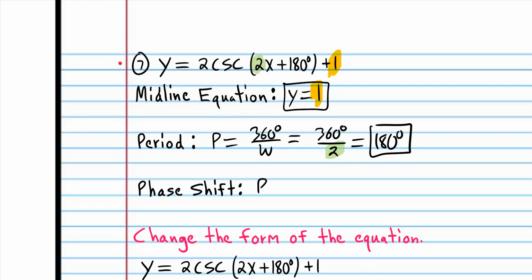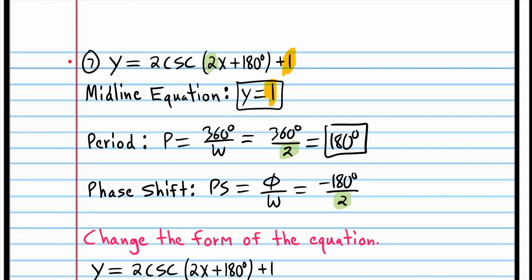And the phase shift is equal to phi divided by omega, and phi is negative 180 degrees. I know that's confusing, but it's actually the opposite sign based on the general form that we defined. And so I got that phi from there. And we have negative 90 degrees is the phase shift.